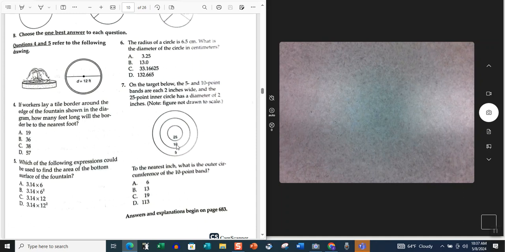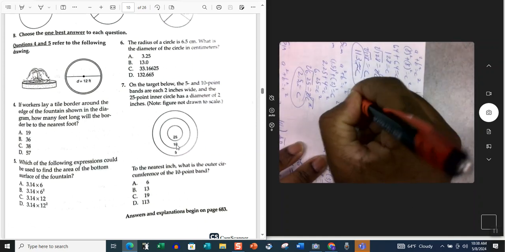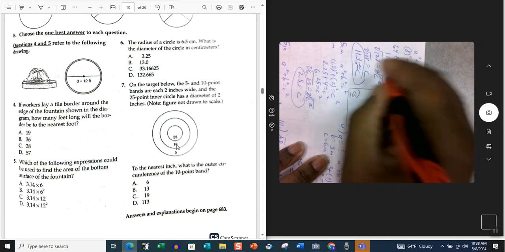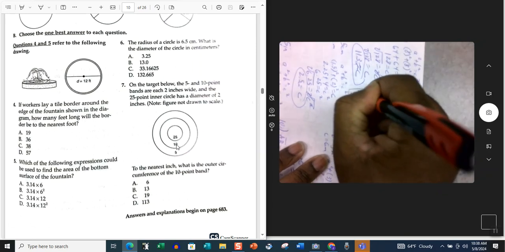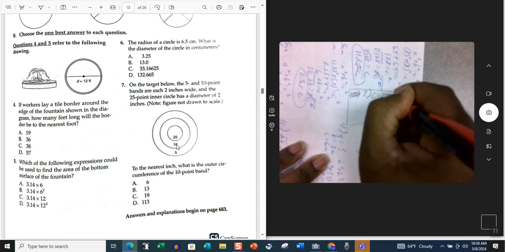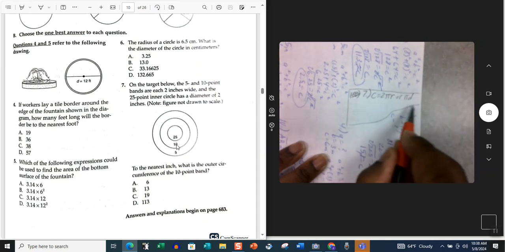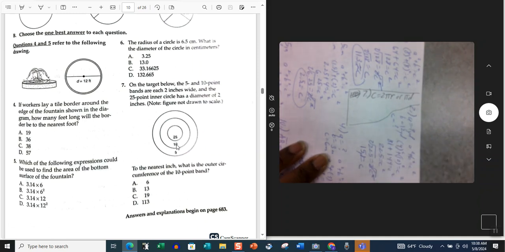Okay, so now they want us to find the circumference. So we're going to do that for number 7. Okay, so circumference is equal to 2 pi r, or we could do pi times diameter. In this case, it'll be best if we use pi times diameter.